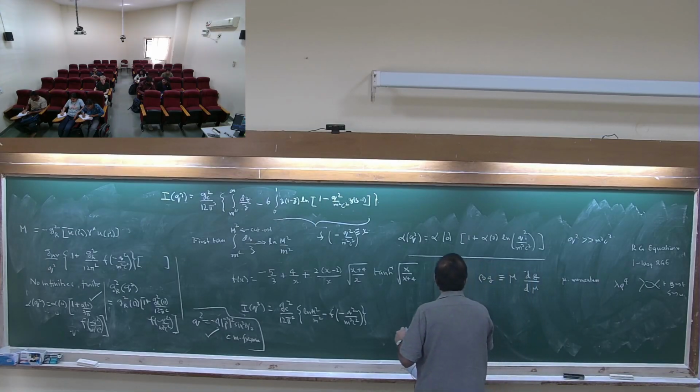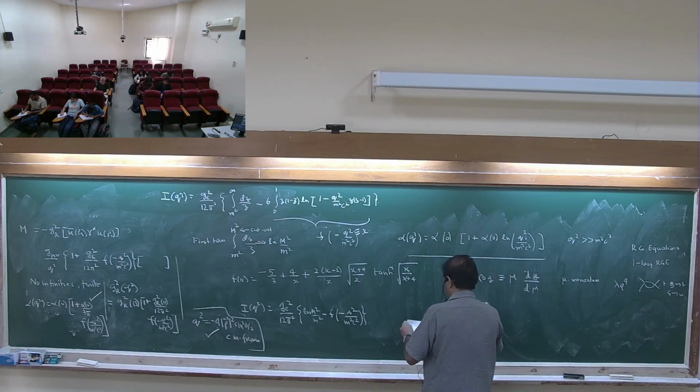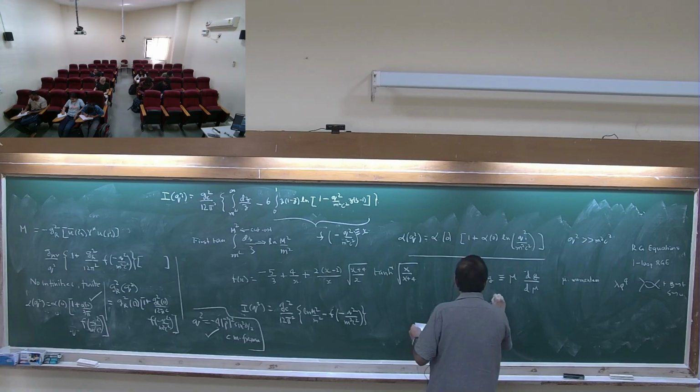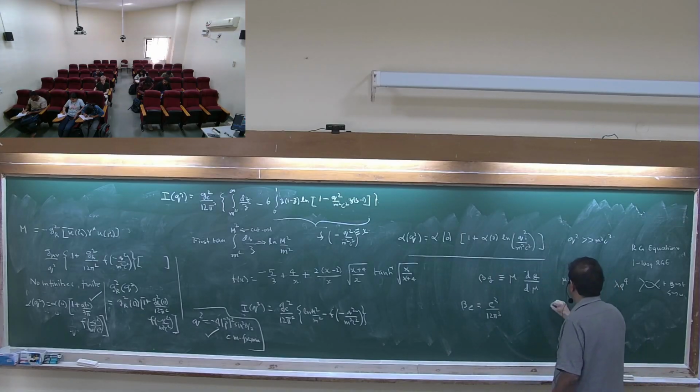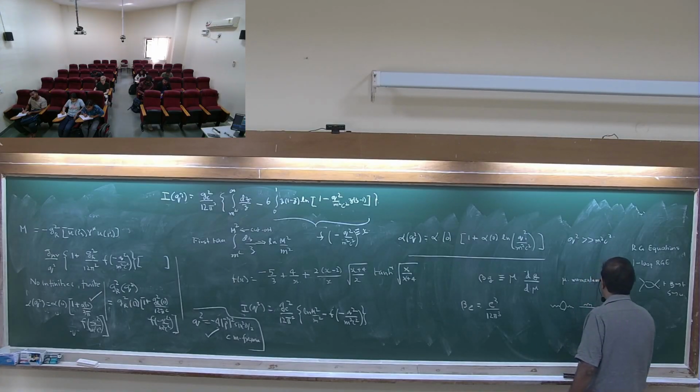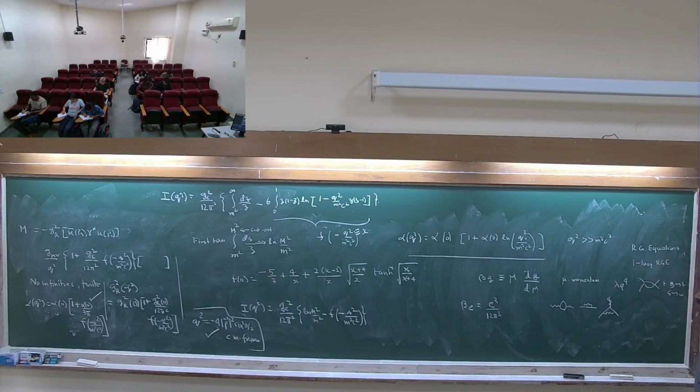I'm going to give you the beta function for QED. The beta function for QED is e cubed by 12 pi squared, and this comes from the usual consideration of the three diagrams: vacuum polarization, self energy, and the vertex. So that gives rise to this. I'm going to ask you to integrate this equation.